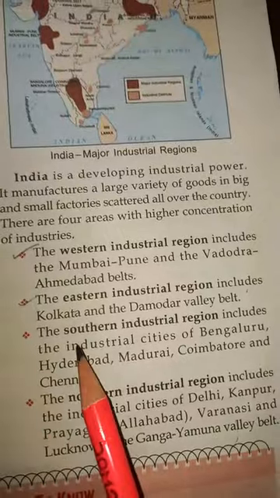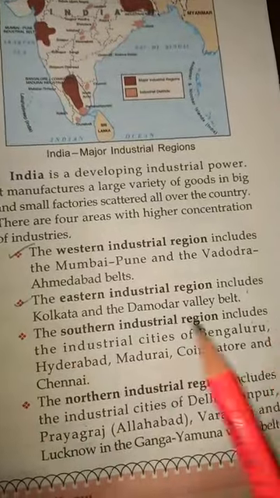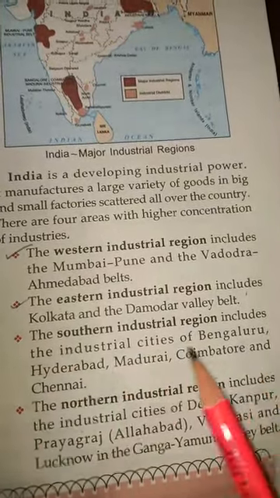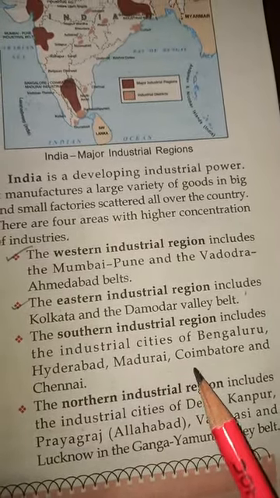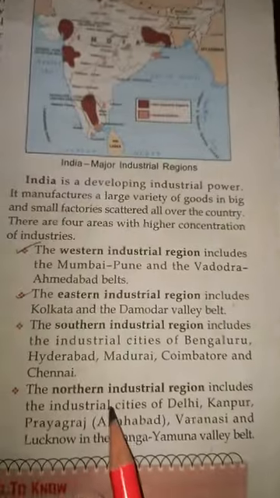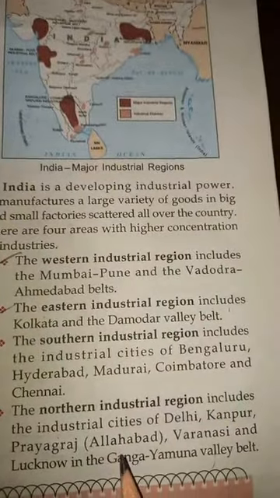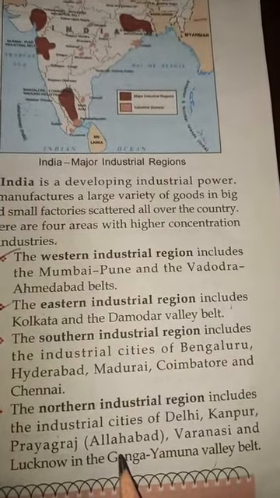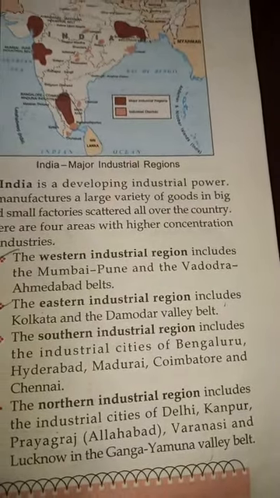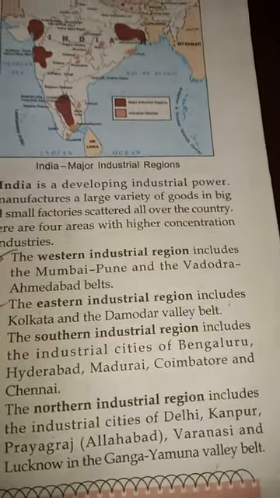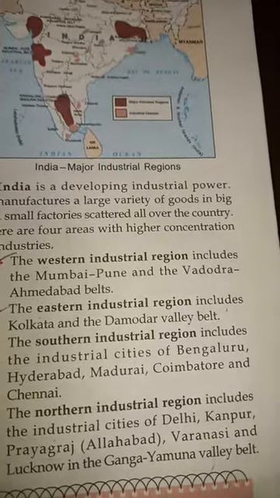Number 3, the southern industrial region includes the industrial cities of Bengaluru, Hyderabad, Madurai, Coimbatore, and Chennai. Number 4, the northern industrial region includes the industrial cities of Delhi, Kanpur, Prayagraj, Varanasi, and Lucknow in the Ganga-Yamuna Valley belt.